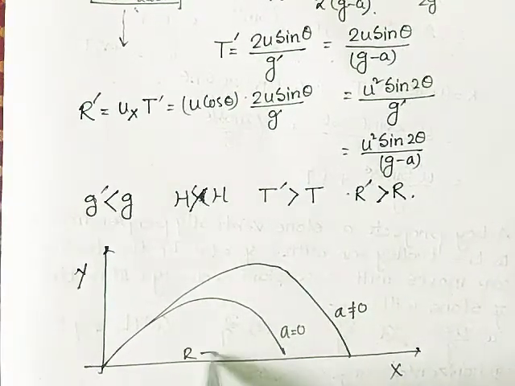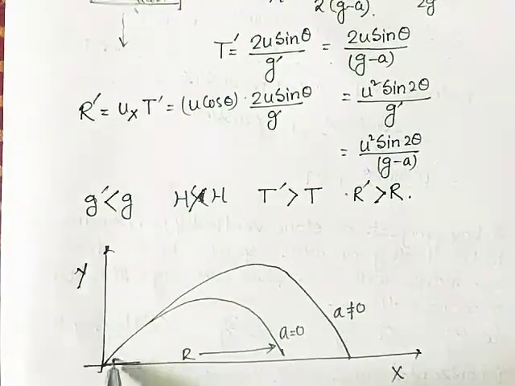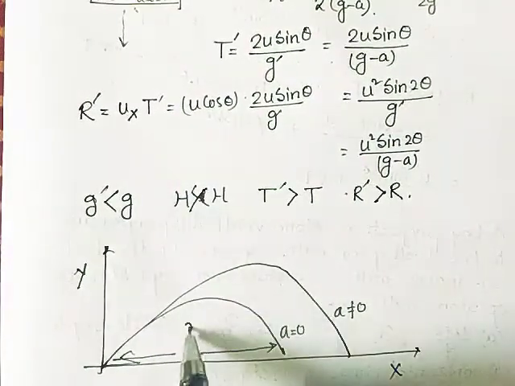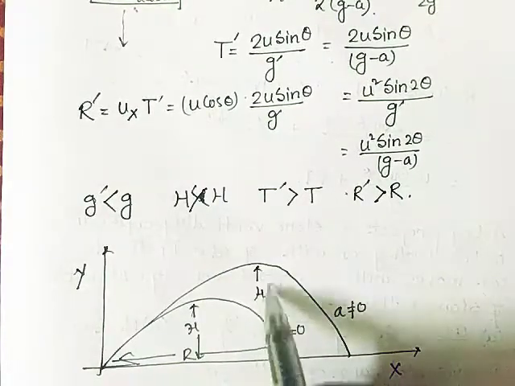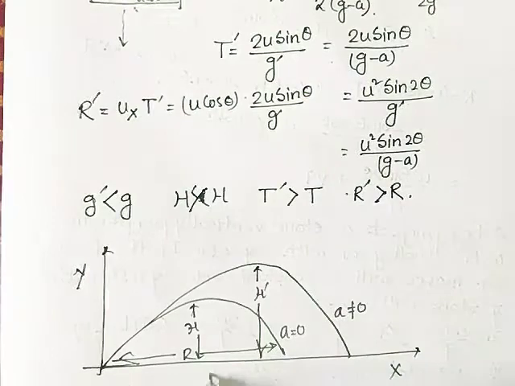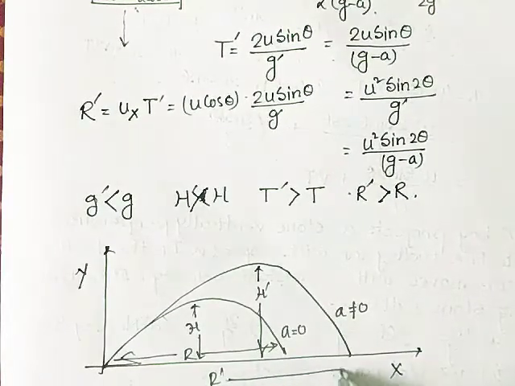This is r and this is h obviously, but here just see that h prime is greater and this is the r prime which is obviously also greater.